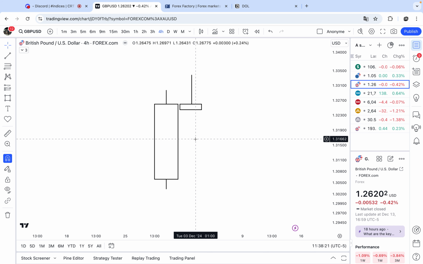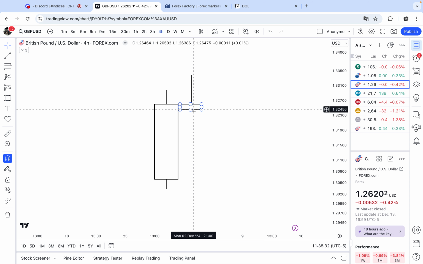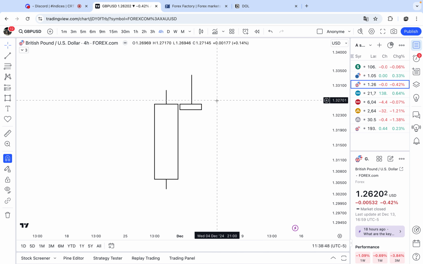So for example, let's say we have the 50% here, the low of the range here. If we take partials here, this is 2R at the 50%, right? Then if I take partials and after that the price takes my break even, it will be a 1R trade technically. I don't know if you understand. It will be a 1R trade.